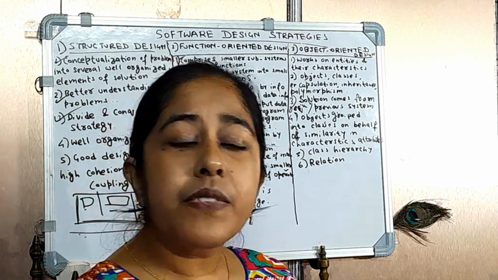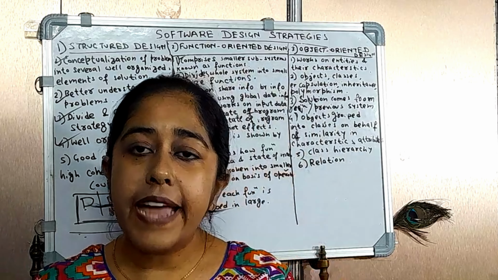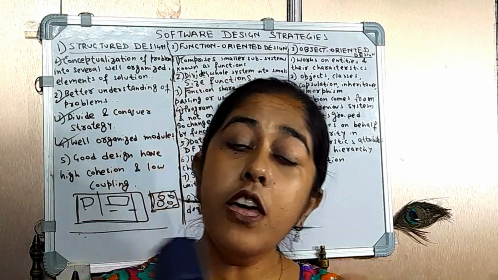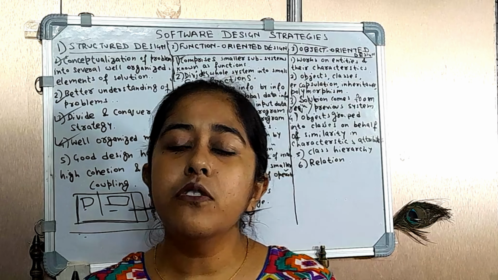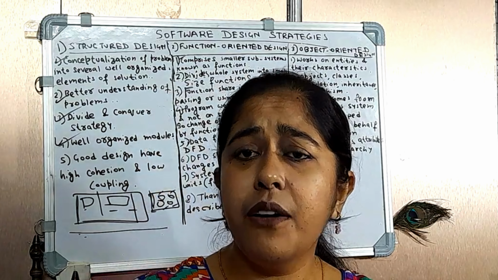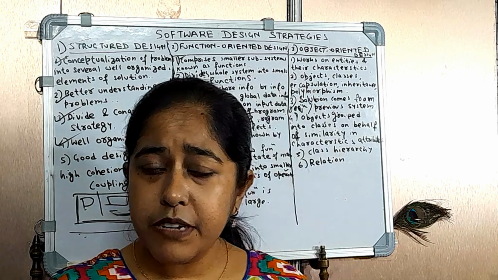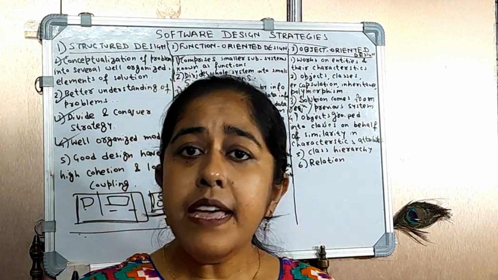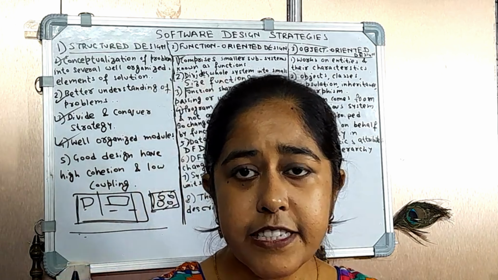Next, well organized modules. We have seen in our cohesion and coupling how the modules were working, and in the case of coupling, how the elements in a particular module are interdependent. We were seeing how the elements work at the same time, doing the same task at an instant of time.